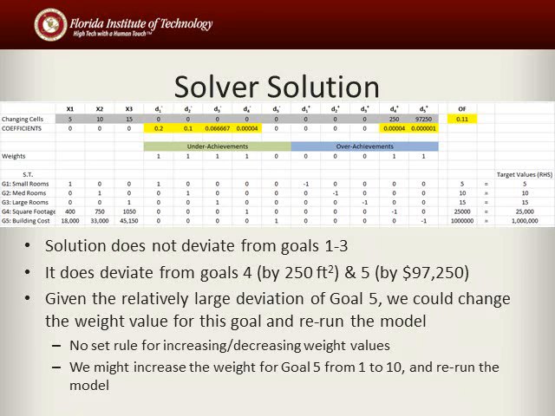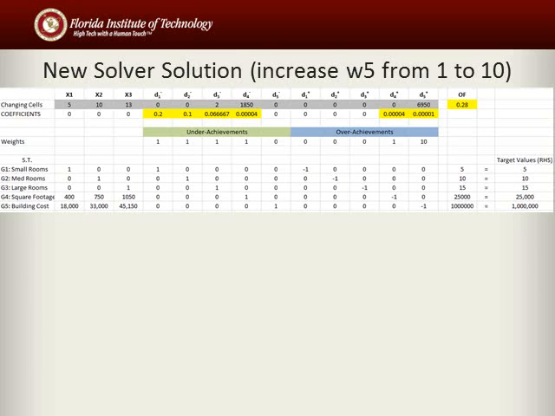Let's try that. Let's increase the weight for goal number 5 from 1 to 10 and rerun the model, and we'll see what happens. We can see now that the minimum weighted percentage deviation is much higher. It's 28, but we don't care about that right now. What we care about is looking at our values for the deviations.